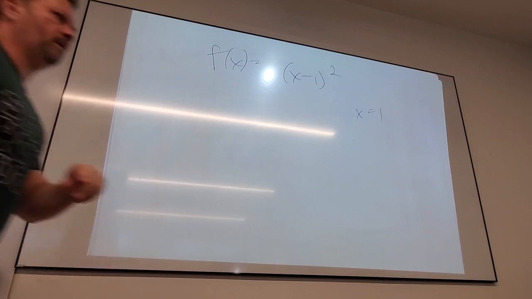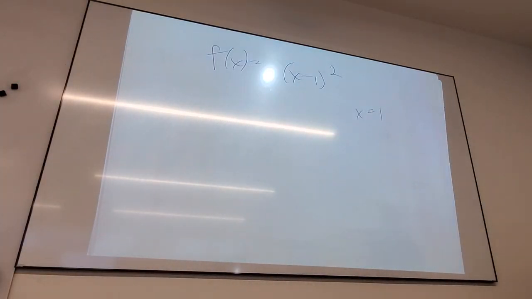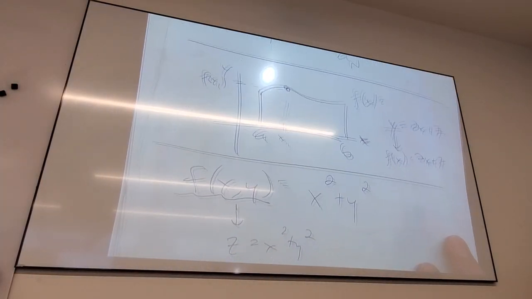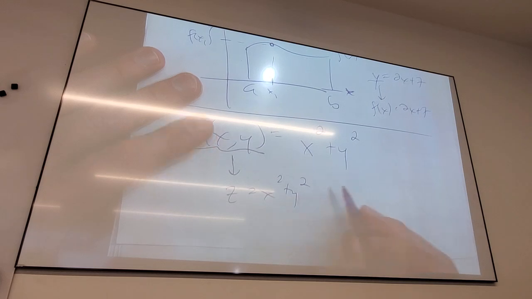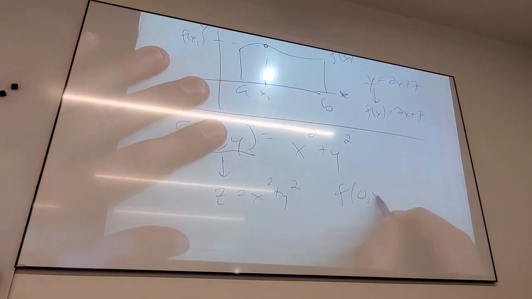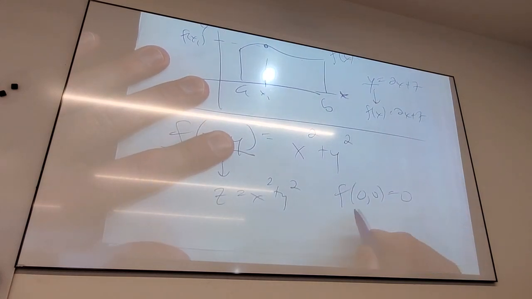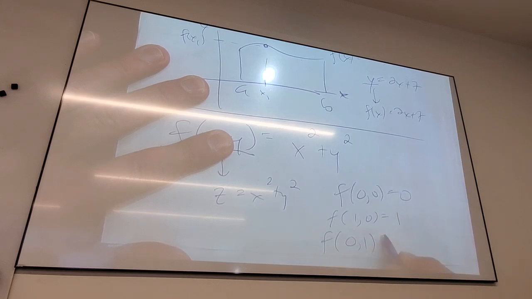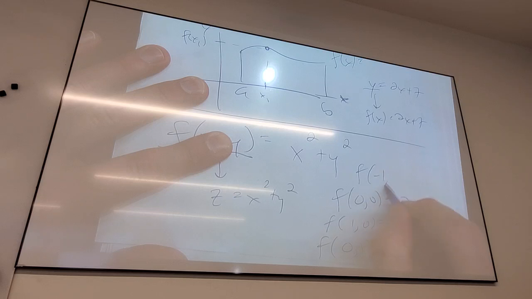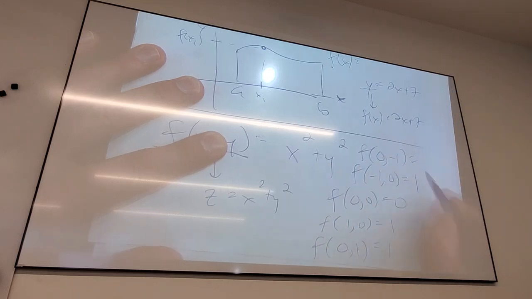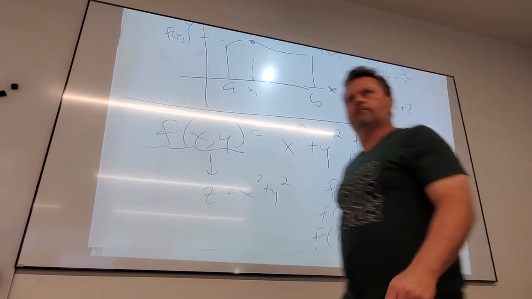So, coming back to this one, if I'm at the origin, the output is 0. What if I'm at the point 1, 0? 1. What if I'm at the point 0, 1? 1. What if I'm at the point negative 1, 0? 1. Okay. So, real quick.